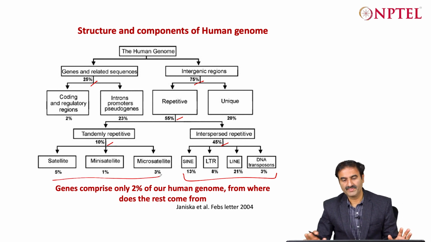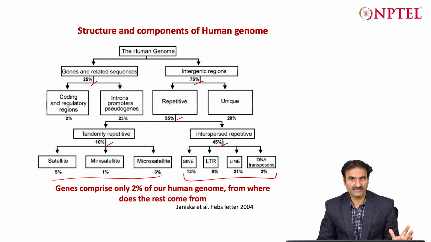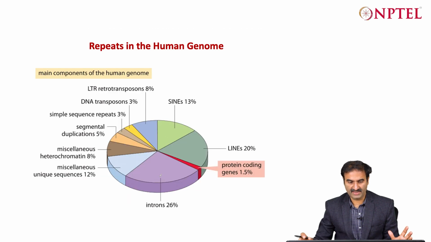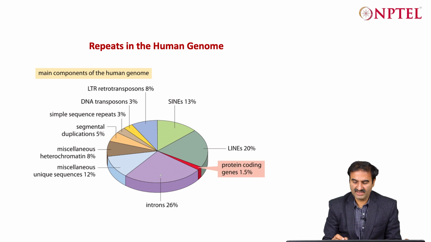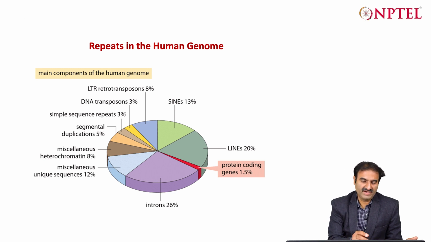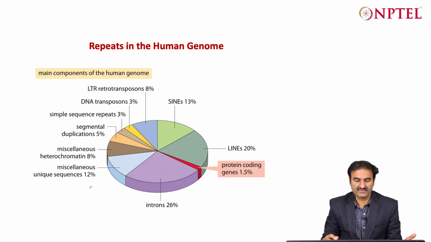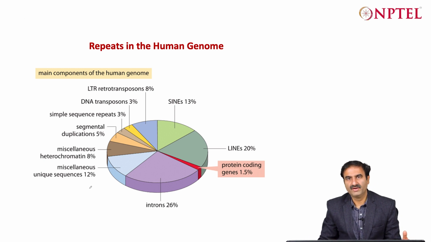So that means repeats of different types constitute a large component of the genome and need to be correctly characterized. In this picture also you can see that the genic region is less than 2%, whereas SINEs, LINEs, transposons constitute a lot of regions that are repetitive.